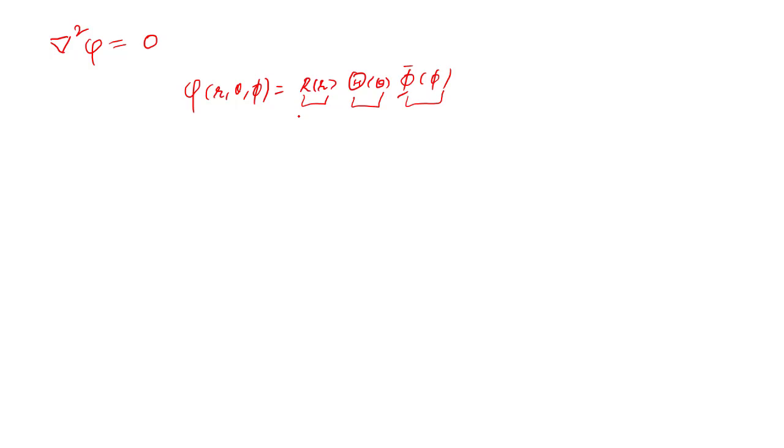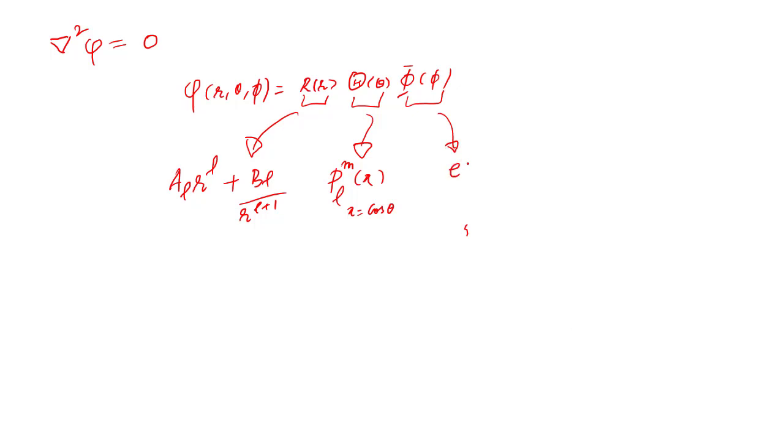And we found that the solutions for these look like A_L r to the power L plus B_L by r to the power L plus 1. And we saw that the functions were Legendre polynomials where x is equal to cosine theta. And these also depend upon m, where m is the exponent in the solutions to the phi, e to the power i m phi.